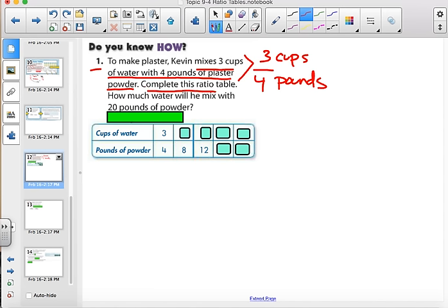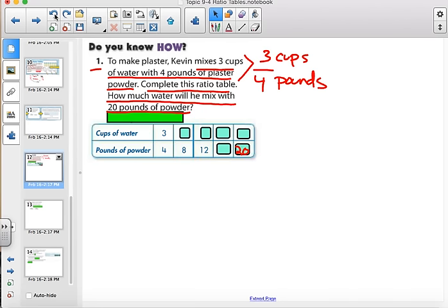Complete this ratio table, and then you will find out how much water he will mix with 20 pounds of powder. Okay? So again, our target is to figure out what the ratio is if we want 20 pounds of powder.